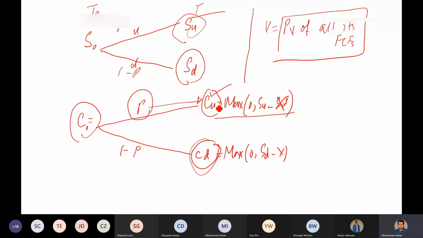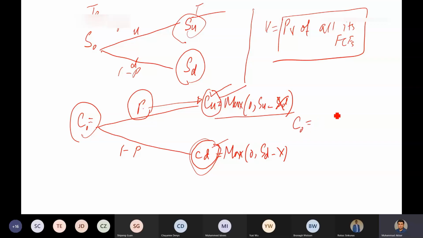So if we know the cash flows that we will receive if the stock price goes up and the cash flows that we receive if the stock price goes down, and we know the probability P and the probability of 1 minus P, we can use a formula to get the value of C naught, the value of the call today.